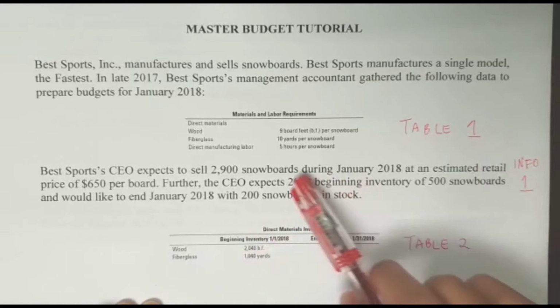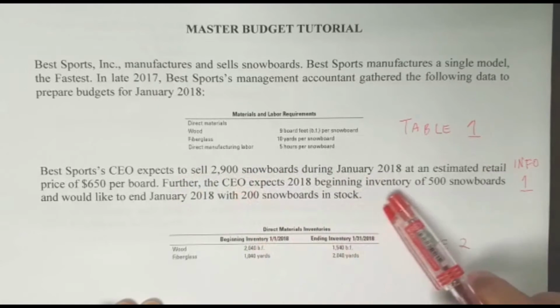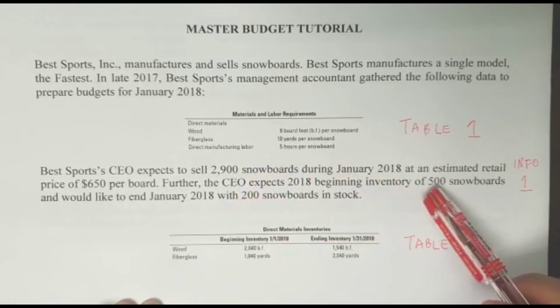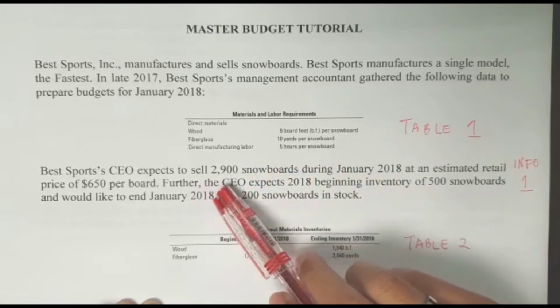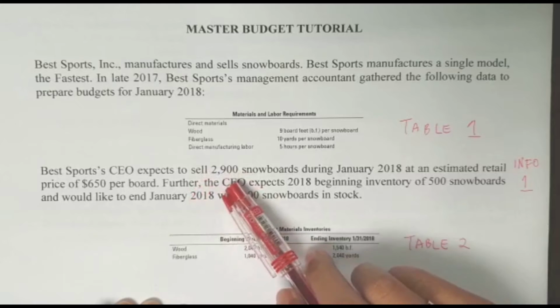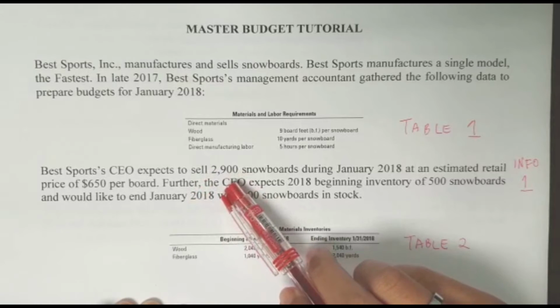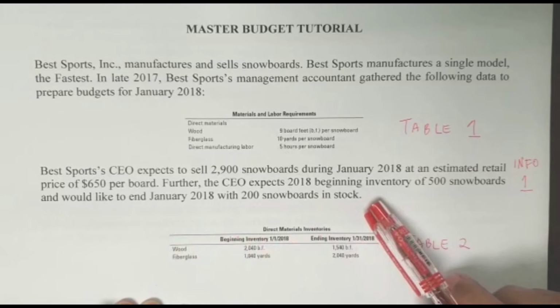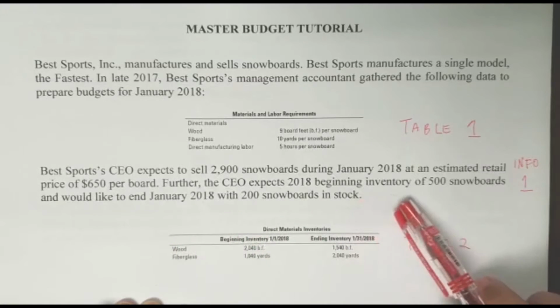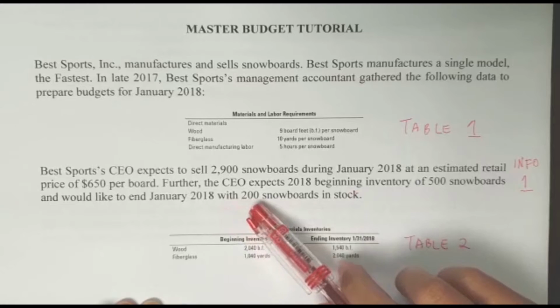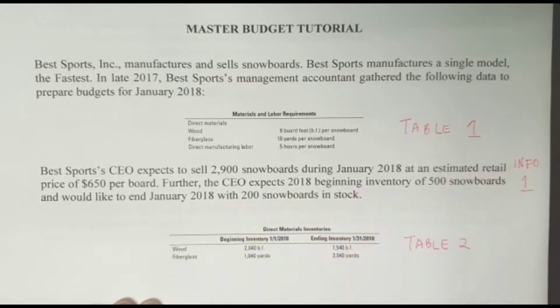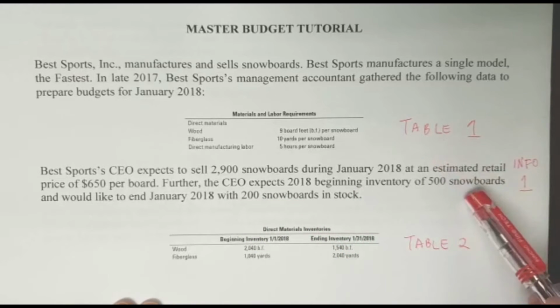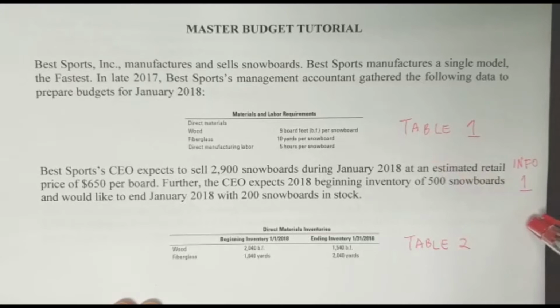Okay, so I named this information regarding the price as well as the number of units that they plan to sell, 2,900, the price, and the information regarding the beginning inventory as well as the ending inventory, as Info 1, or Information 1.